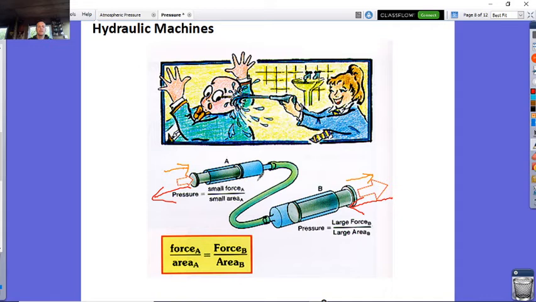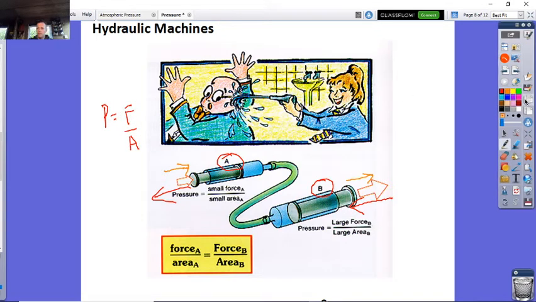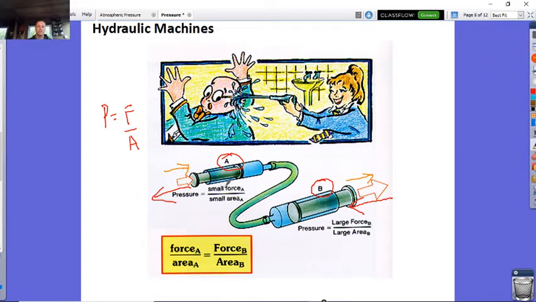But you will find that this one, A, requires a very, very small force compared to B. And there's a reason for this. The reason comes down to the equation pressure equals force divided by area. Now, the pressure in A and B has to be the same because you've got the same liquid running through.